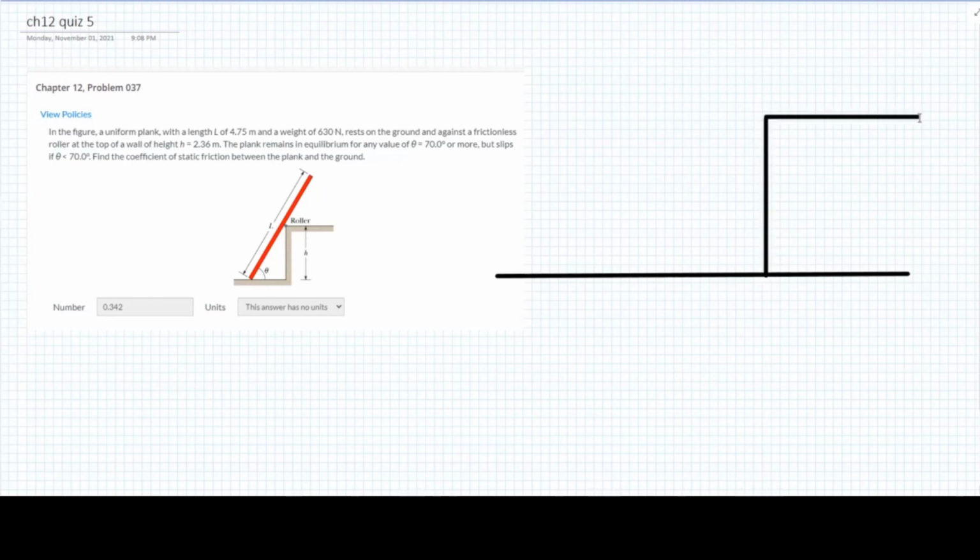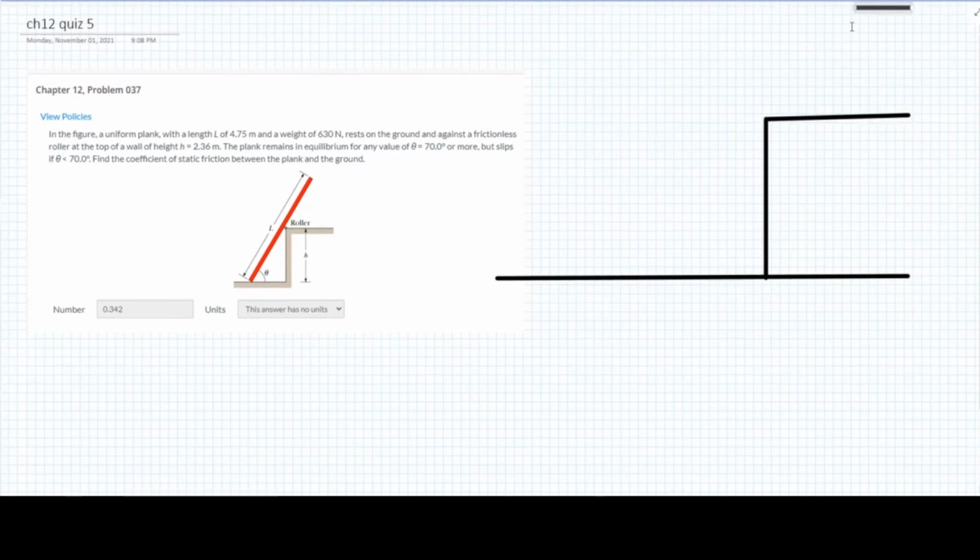Okay, and then here's like a plank. Here is the plank. Okay, leaning up against a plank.